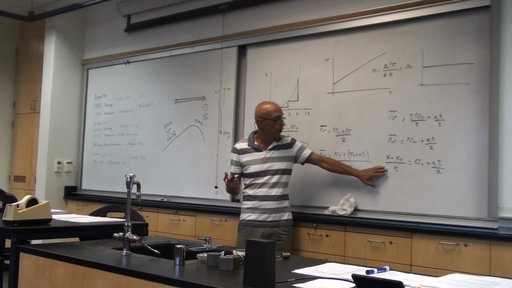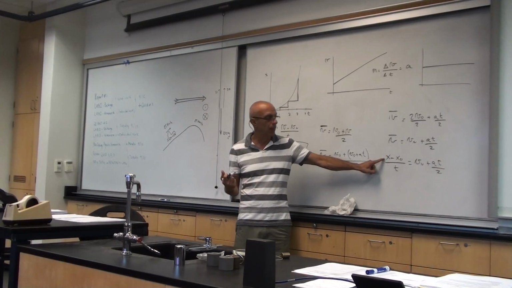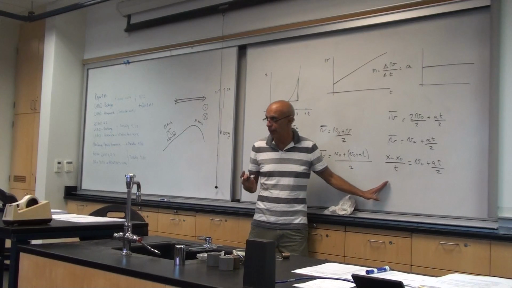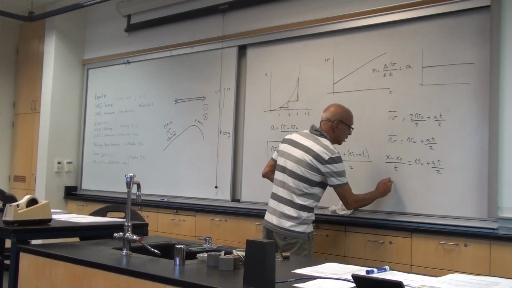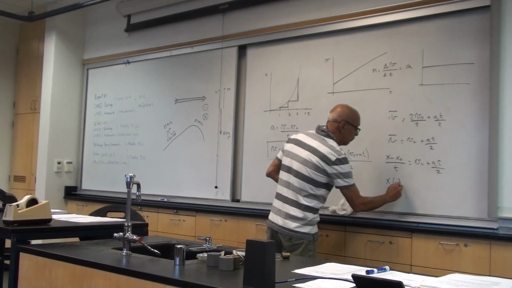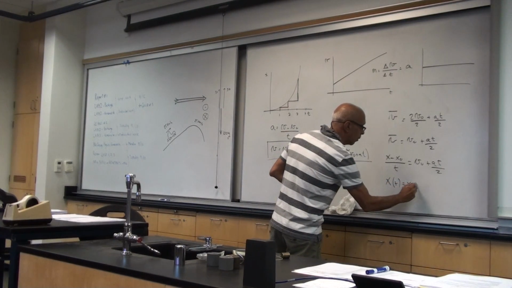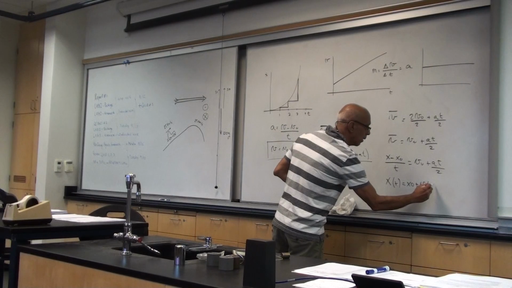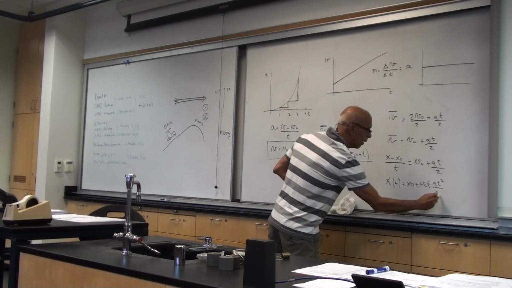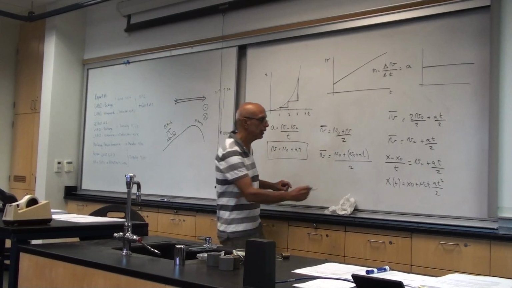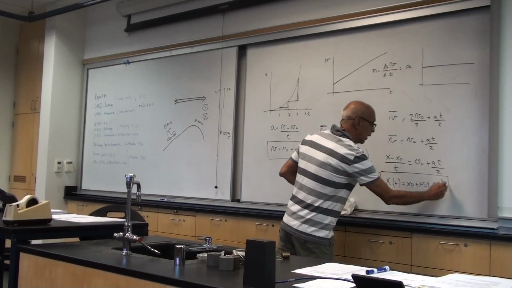And now I want to solve it for X. I multiply both sides by T. So I want to have X as a function of T equals X0 plus V0T plus AT squared divided by 2. So that is our next equation.